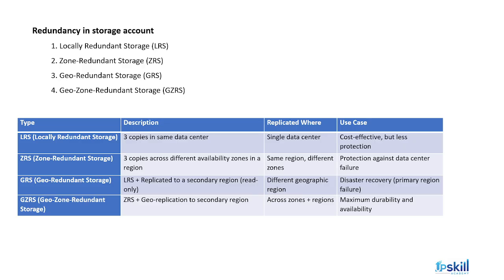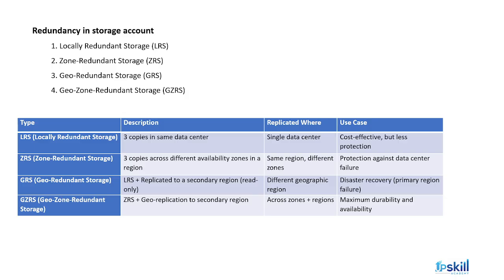So these are all the redundancy options in storage. And why is it important? Suppose you take an example. We have one region called Central India, where you can consider the Mumbai region, and one copy of any bank application is replicated in the Mumbai region. But suppose some disaster or calamity happens and the entire data center collapses, right?